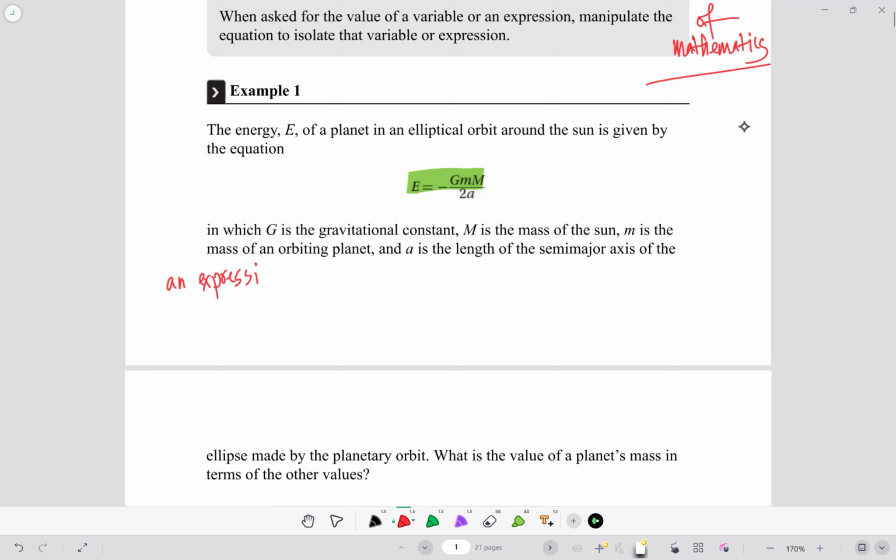The inputs are variables, and the outputs are also variables. And this is the main goal of a function, because you are trying to model any situation in terms of variables.